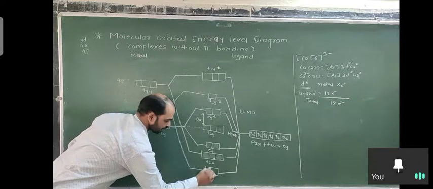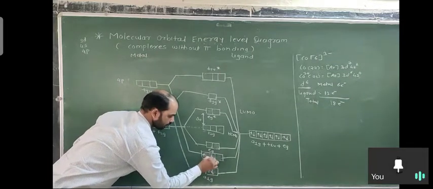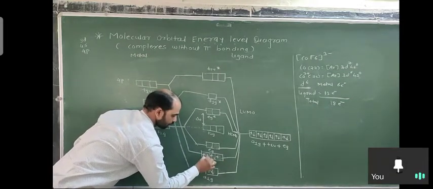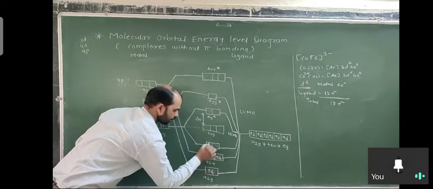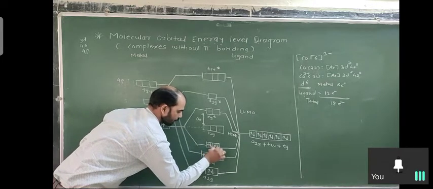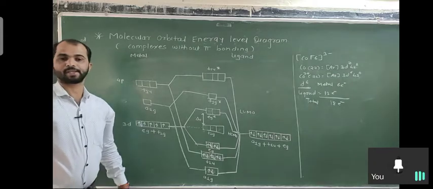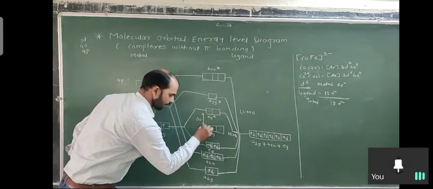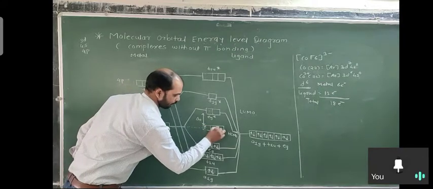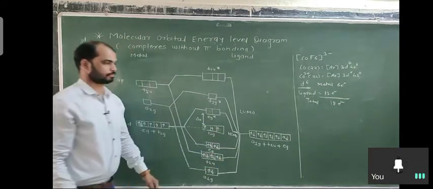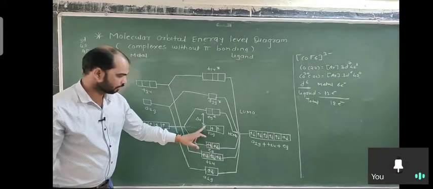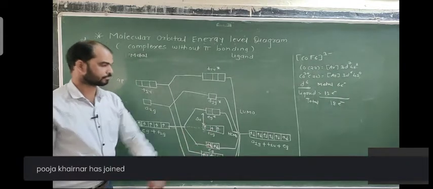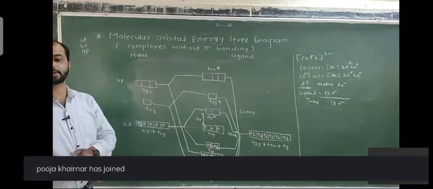The first is here, second, third, fourth, fifth, sixth, 7, 8, 9, 10, 11, 12. So how many remaining? 6 electrons are remaining.